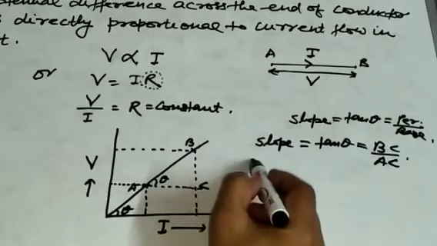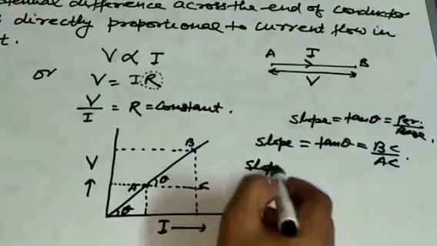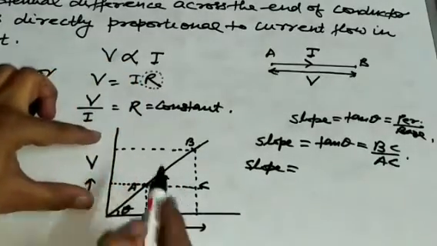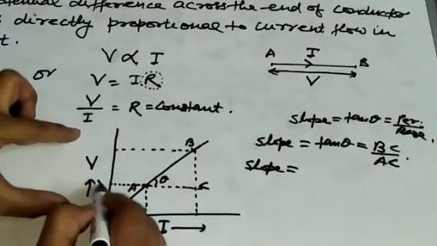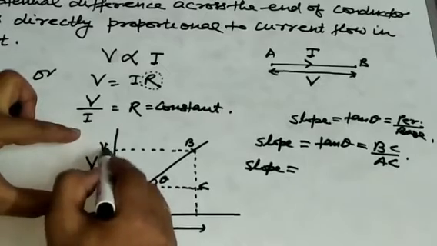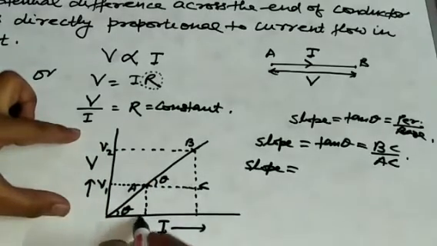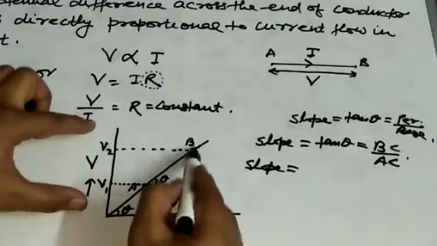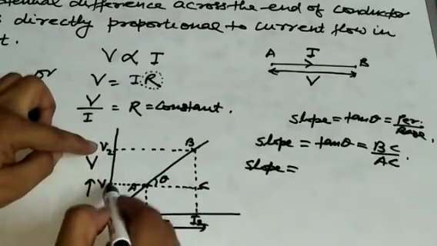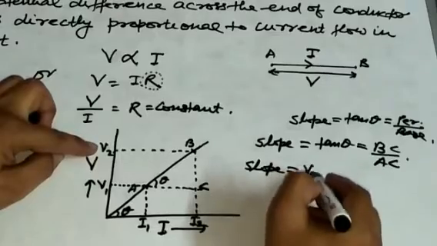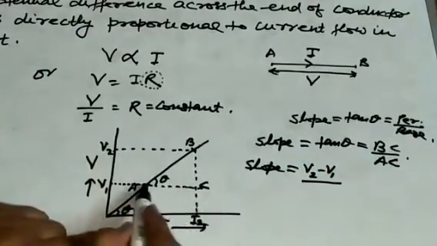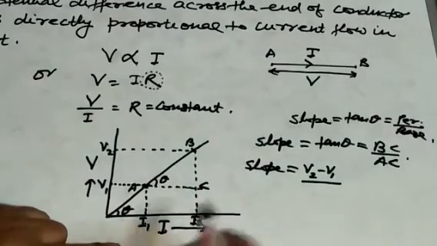Suppose this one is V1, this one is V2, this one is I1, this one is I2. So BC means V2 minus V1, and AC means I2 minus I1.